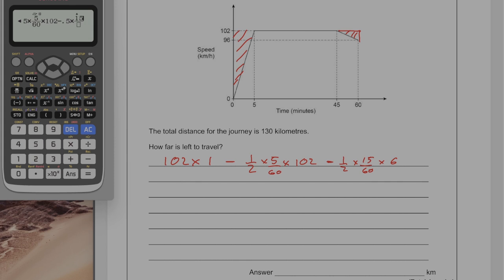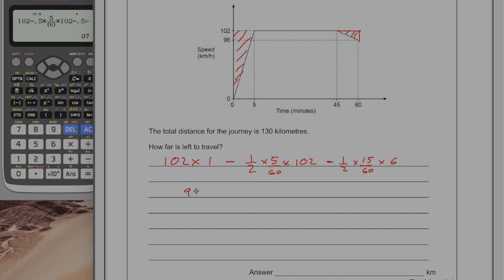I didn't spot that. Times 6. That gives us 97. So 97 kilometers have been travelled. The total distance for the journey is how far is left to travel. So I'm going to do 130 minus 97, which is going to give me 33 kilometers left.